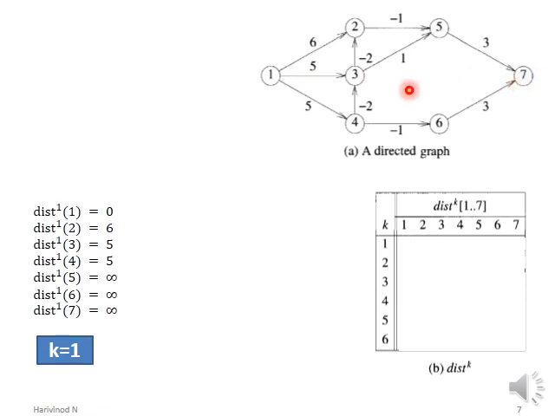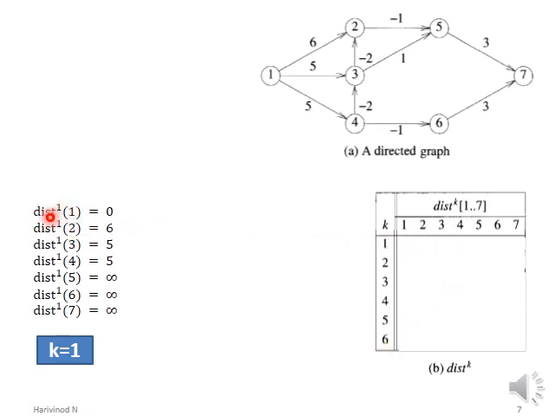So length means the total edges in the path. In the worst case it is 6. The length of the path from 1 to 7, in the worst case, will be 6. So that is why k values are considered 1 to 6.